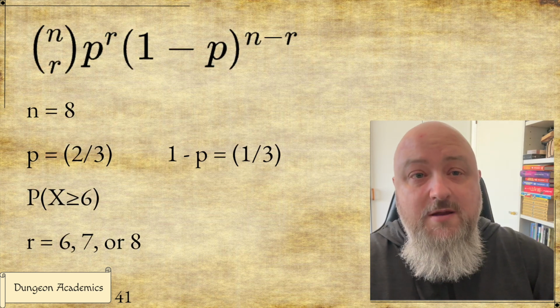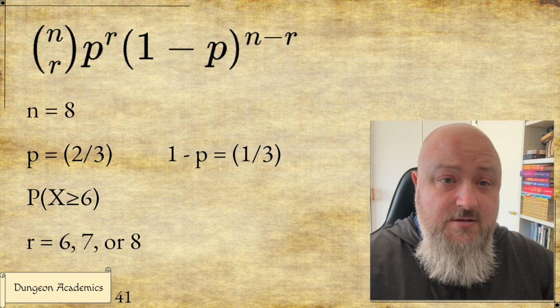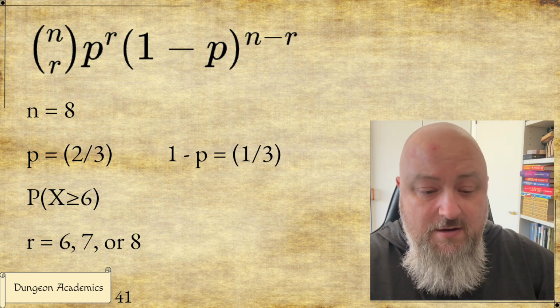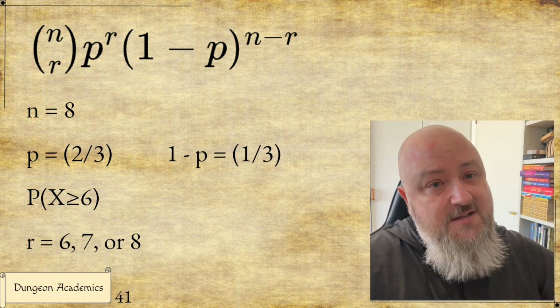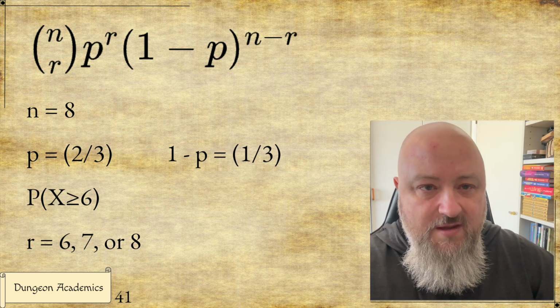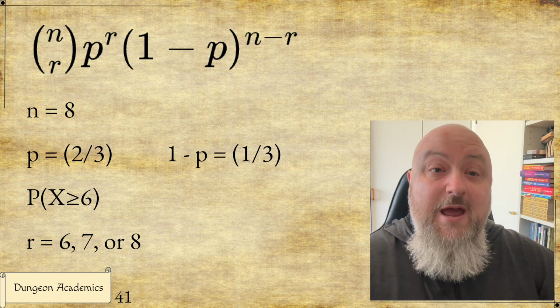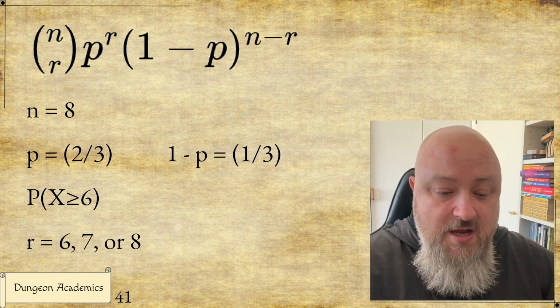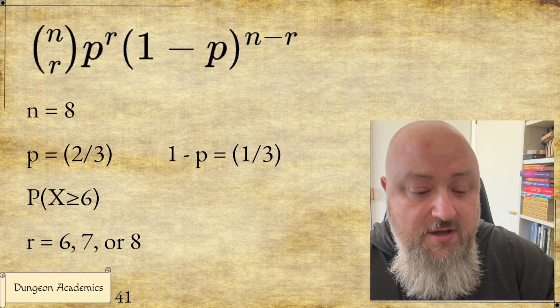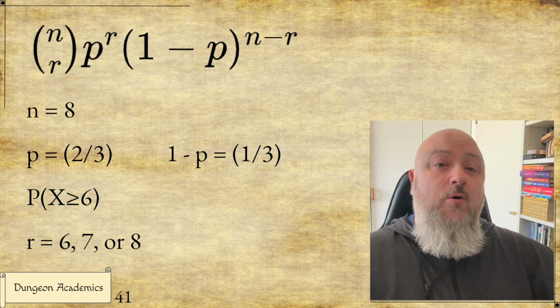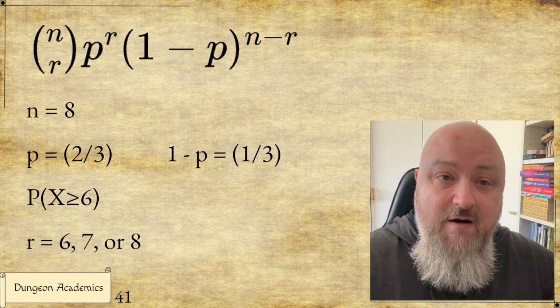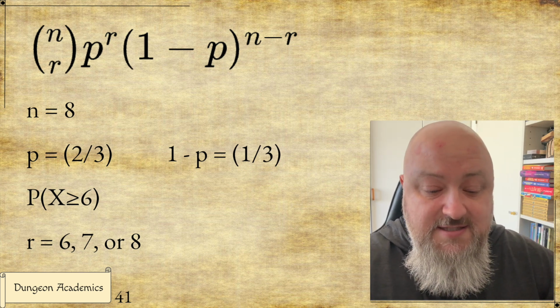Okay, so we're going to use this formula, n choose r, p to the power of r, 1 minus p to the power of n minus r. We've got n as 8 because there are 8 events. We have p as 2/3 and therefore 1 minus p is 1/3. And we are looking for all the outcomes where our random variable is 6 or greater.